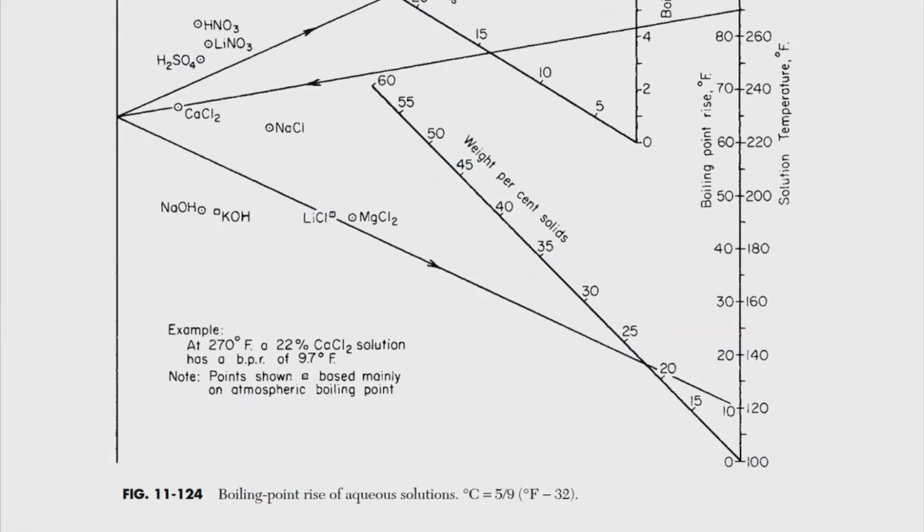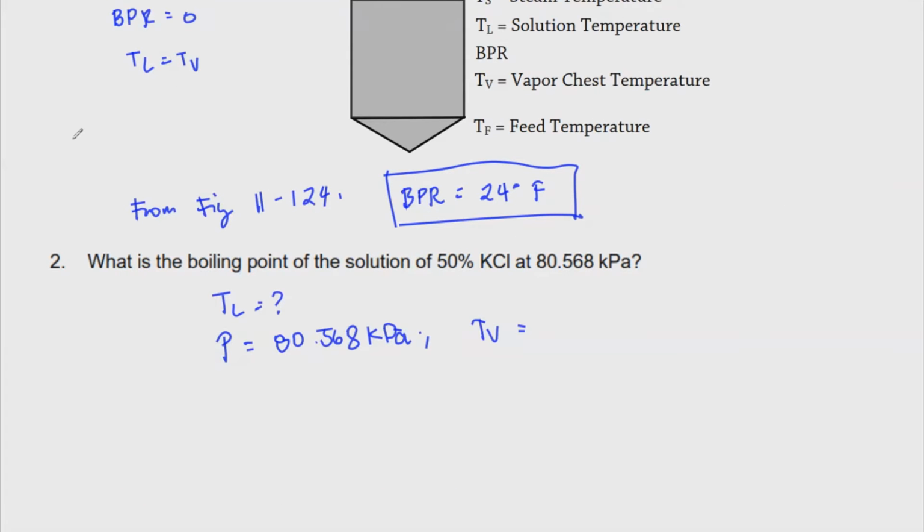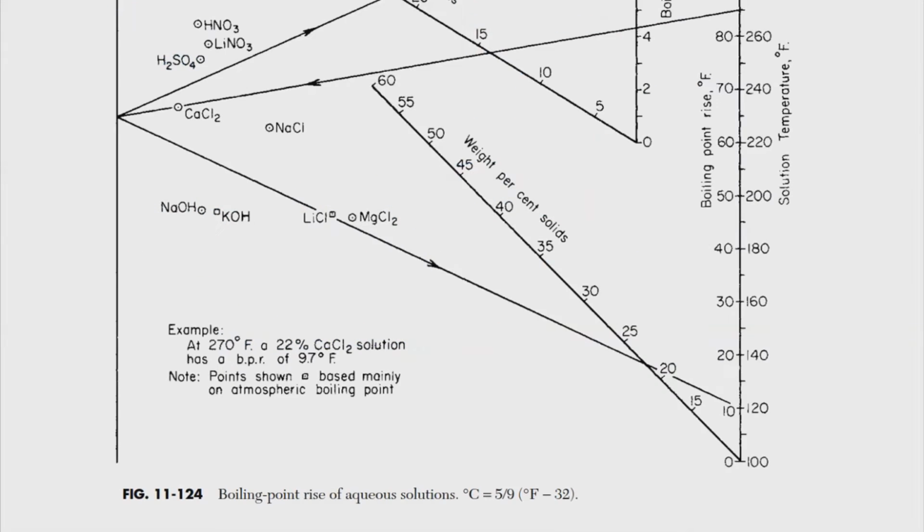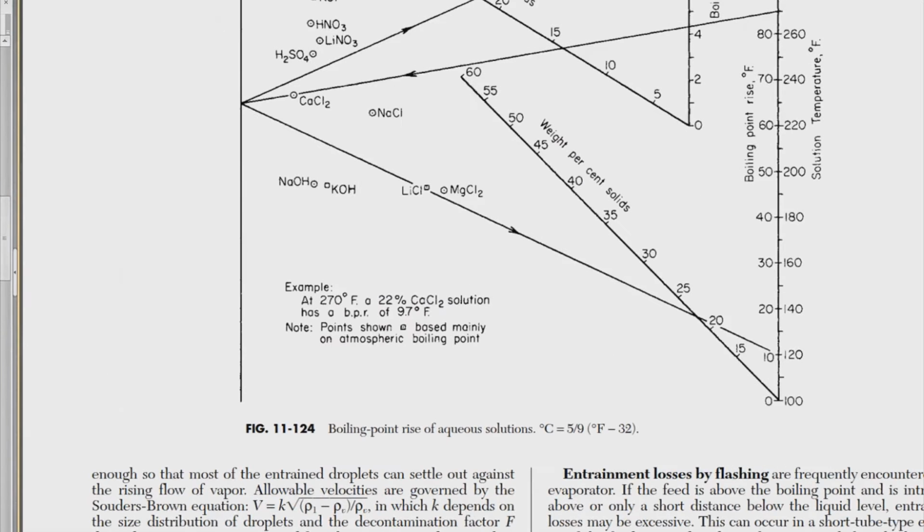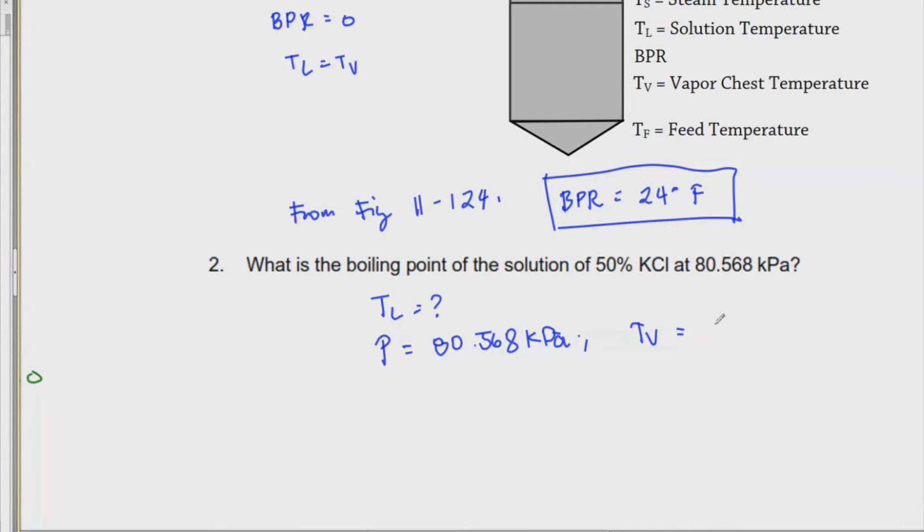So, from your Paris handbook again, you go back to that and then evaluate the 80.568 kilopascal from the thermodynamic properties of your Paris handbook. So, that is equal to, from Paris handbook, this is equal to 366.4832, and that is in terms of Kelvin.